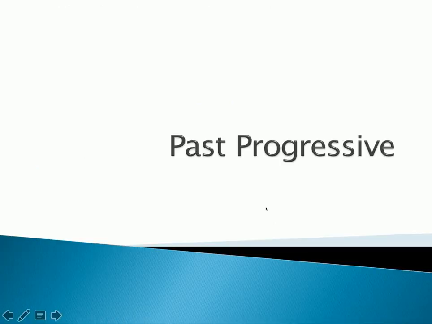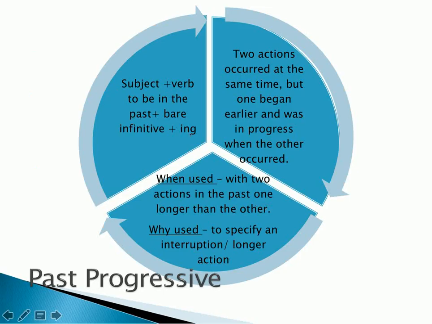Next topic, past progressive. Form: subject, verb to be in the past, bare infinitive plus ing. Now remember, verb to be in the past would be was or were. So when do we use it? Two actions occur at the same time, but one began earlier and was in progress when the other occurred.